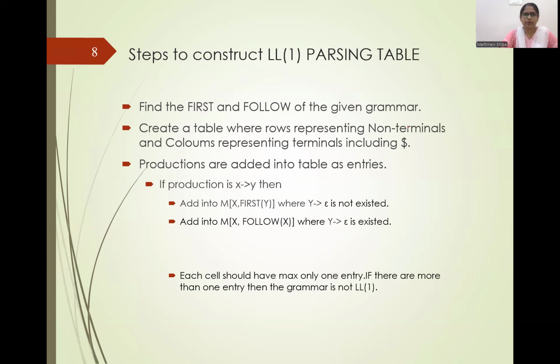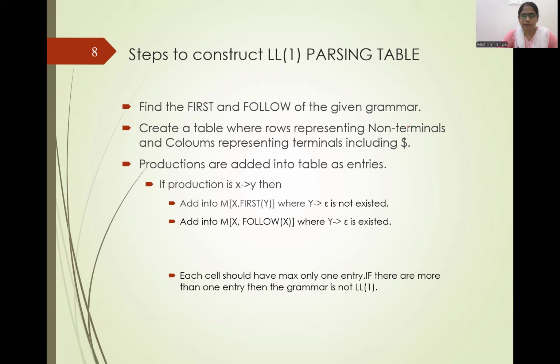Let me discuss the steps to construct the parsing table. To construct a parsing table, first of all, we should construct the first and follow sets of all non-terminals in the given grammar. Then, after constructing first and follow of every non-terminal, we have to construct a parse table. This parse table consists of rows and columns.